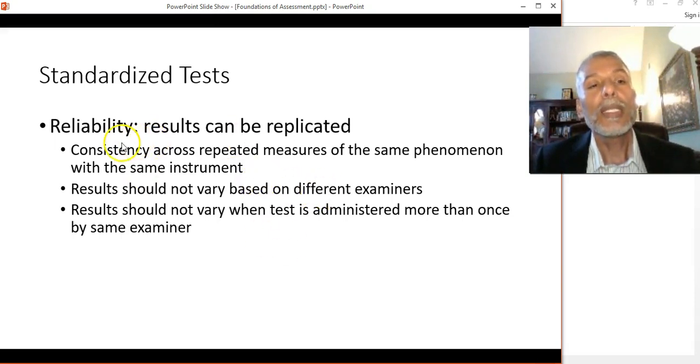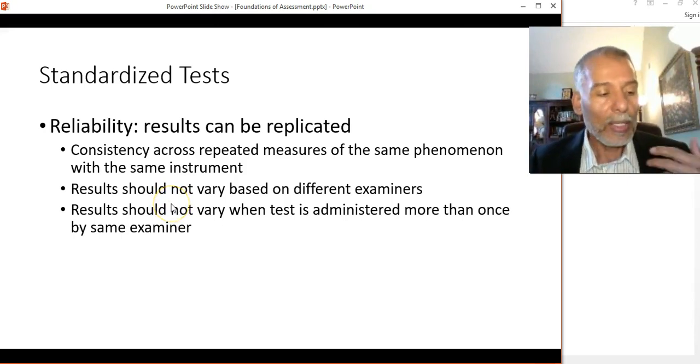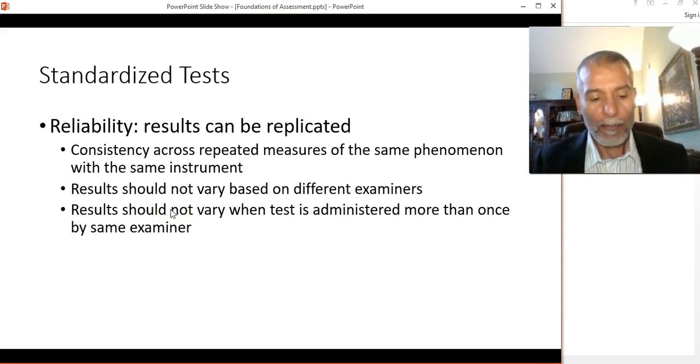So reliability is consistency. If you yourself give the test today, you get this kind of result, and then you do it again tomorrow, or in 6 months, you should get exactly the same kind of level, given that there is no intervention, of course.